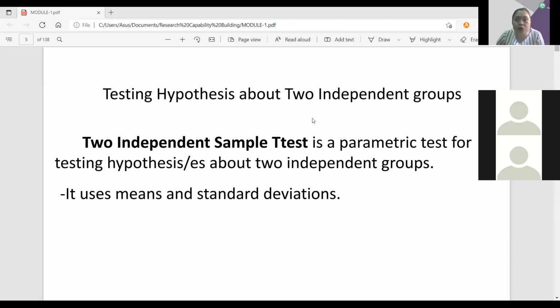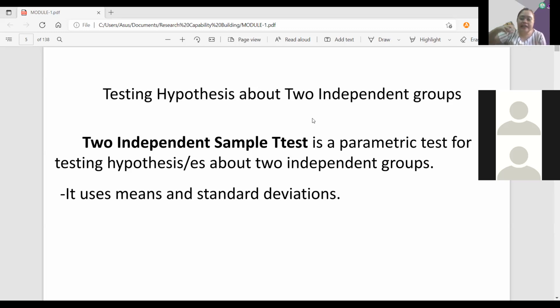It can be skewed when graphed, either positively or negatively skewed. Another thing we need to satisfy is that the two sets of samples from the two groups must have equal variances. So that's two: number one, normally distributed. Number two, the two groups must have equal variance. Okay?